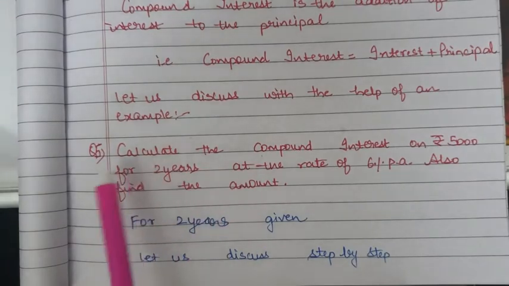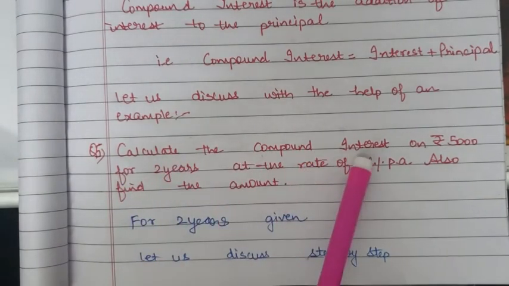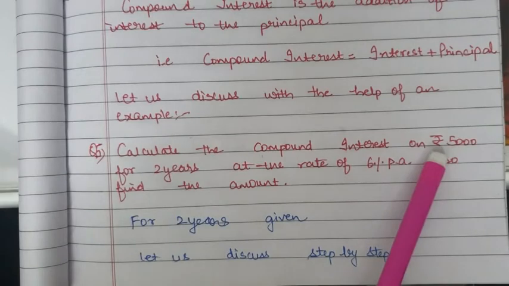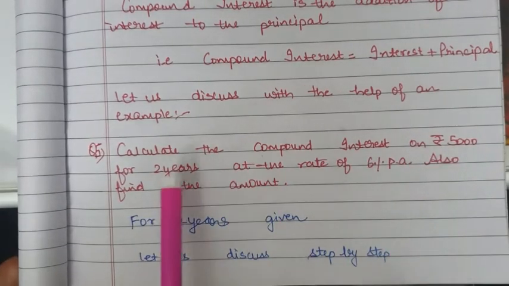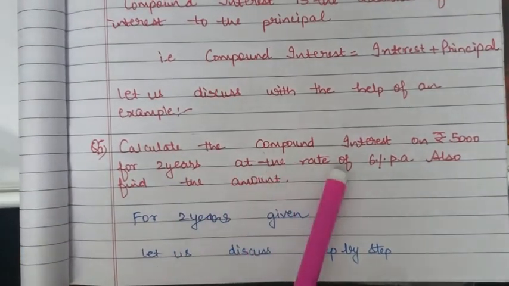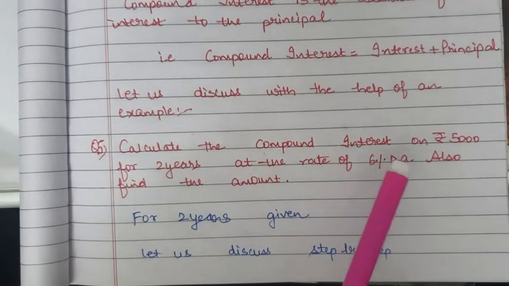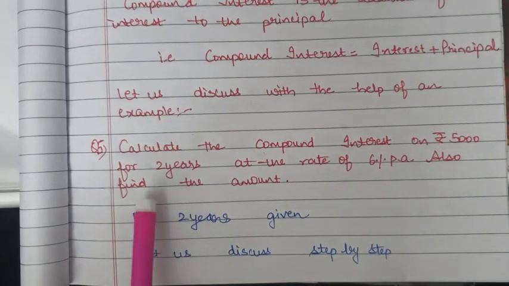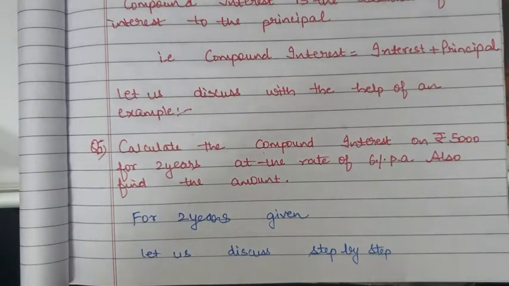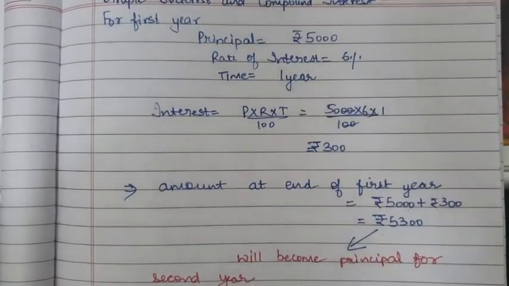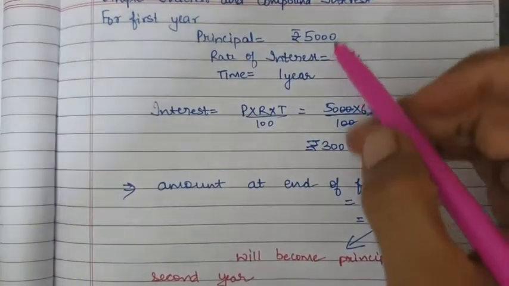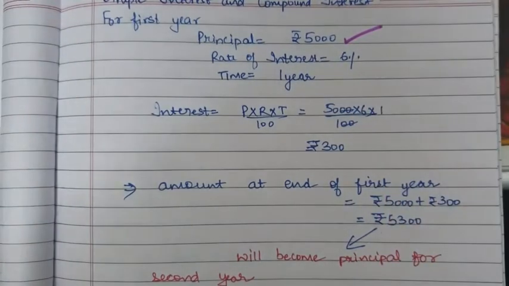The question is, calculate the compound interest on 5,000 rupees for 2 years at the rate of interest 6% per annum. Also find the amount. Now children, time is given to you, 2 years. So step by step we will move here. Now for the first year, principal is 5,000.